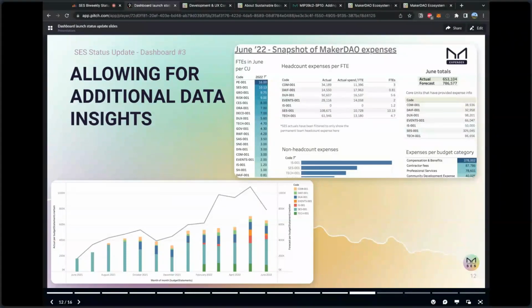Is it up or is it down? All of these very interesting insights that we can start to surface, and have maybe a bit more of an objective conversation within the DAO around spending, around FTEs, around initiatives, and other very useful data that comes from core units.